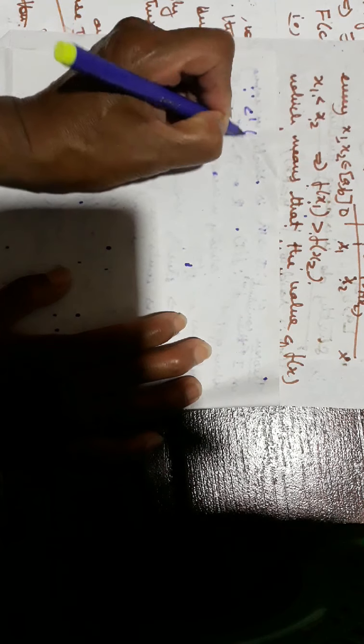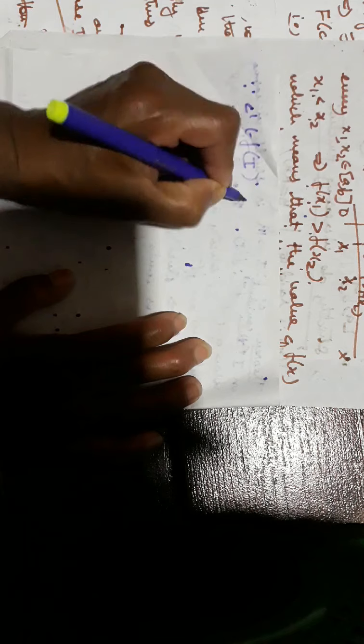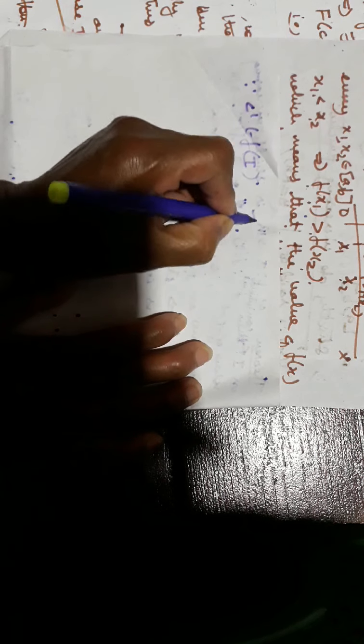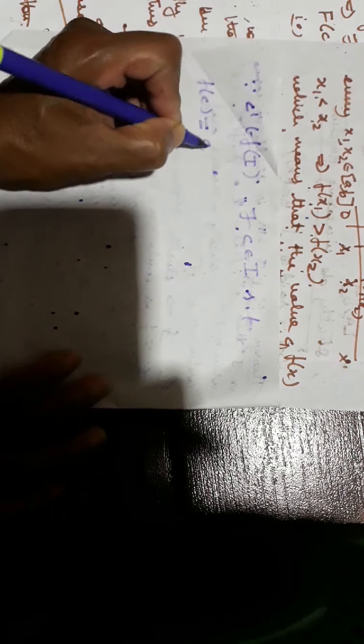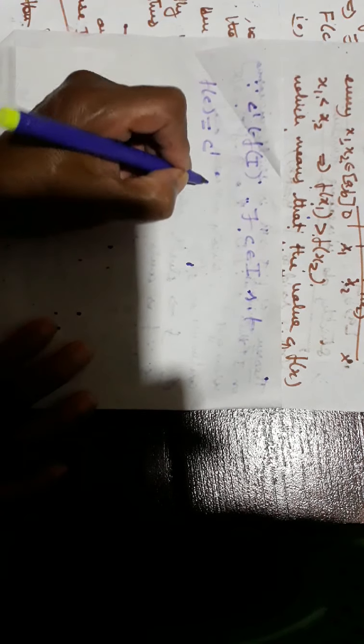Now since c prime belongs to f of I, there exists c belonging to I such that f of c is equal to c prime. So we apply f inverse on both sides, because f inverse exists. f of c is equal to c prime.